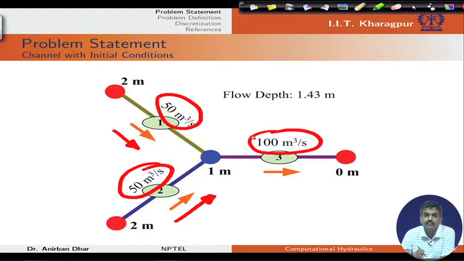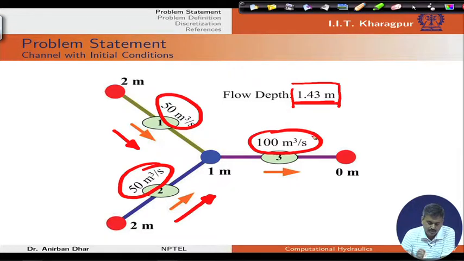On the downstream we have 100 meter cube per second, and we have uniform flow condition in this channel network with flow depth of 1.43 meters for all the channel reaches.